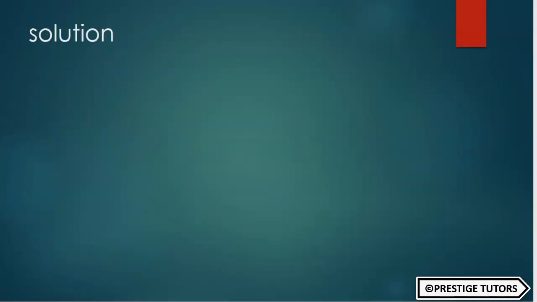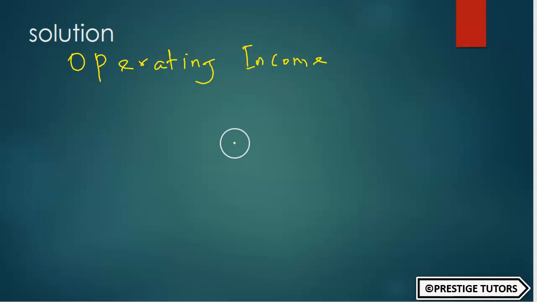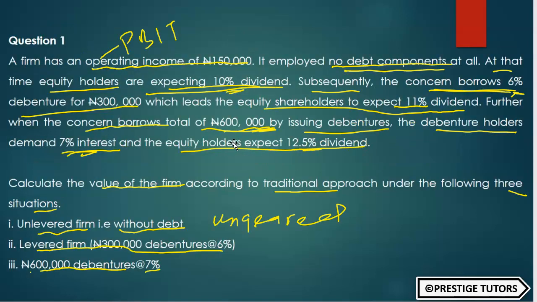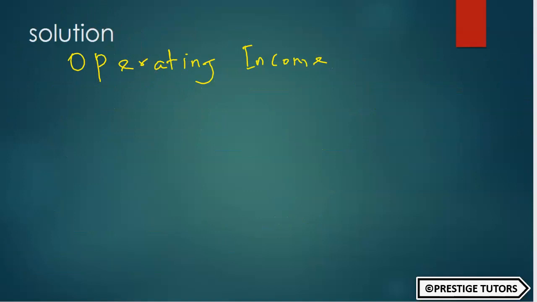Now, let's analyze this question. We have our operating income. And how much is the operating income? We are told that the operating income is 150,000 naira.